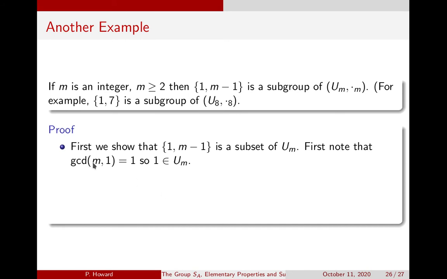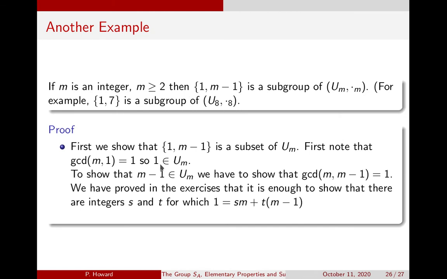So the first thing to note is that the greatest common divisor of m and 1 is 1, and that's what has to happen for 1 to be in U sub m. And now we want to show that m minus 1 is in U sub m, which means we have to show that the greatest common divisor of m and m minus 1 is 1.